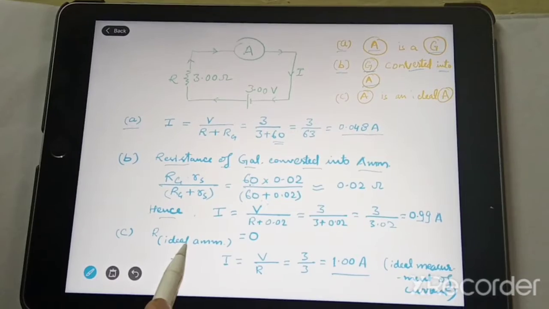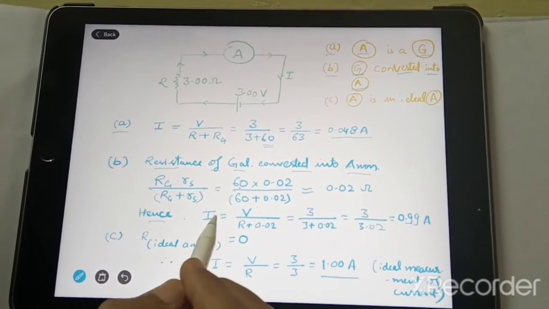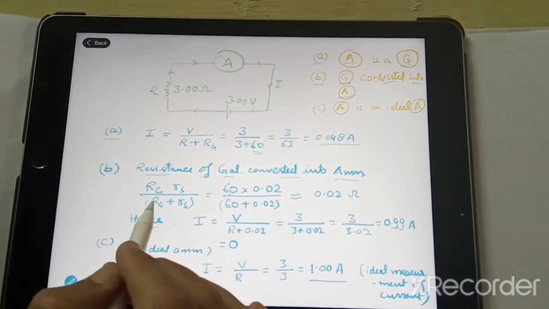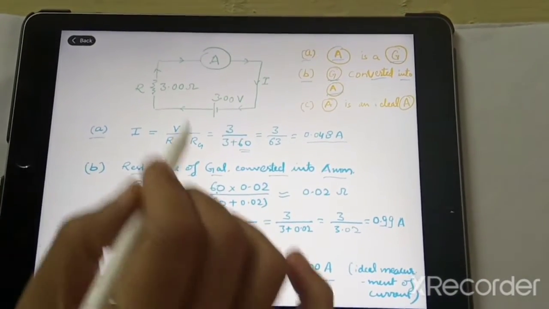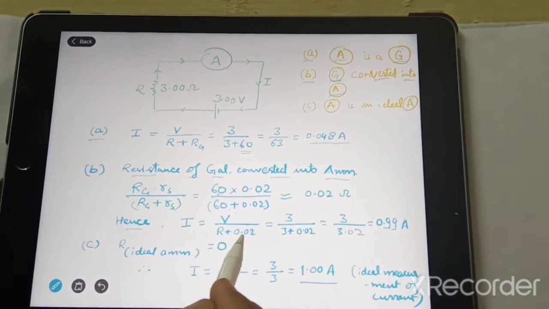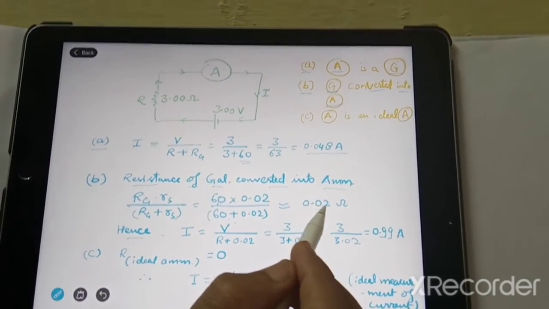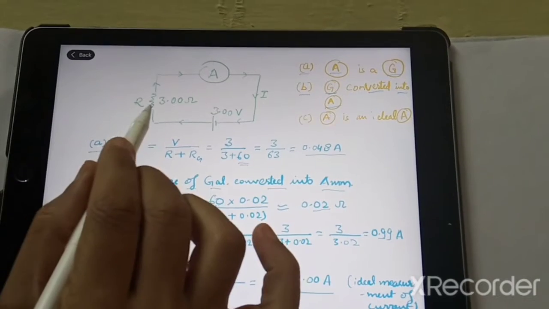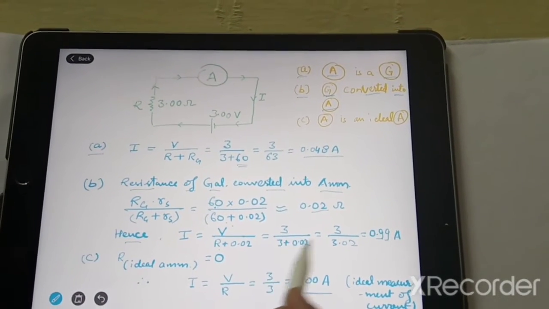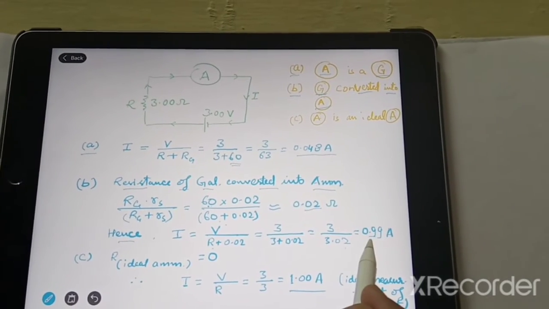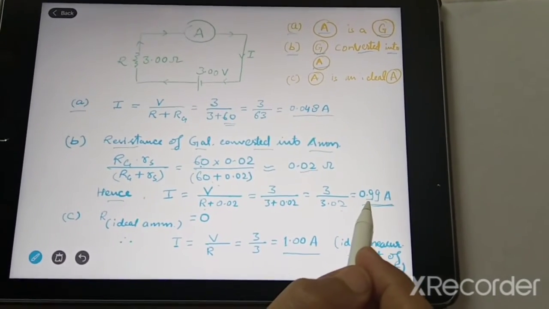Hence, now current I is equal to V upon R plus 0.02, because this resistance is 0.02. So that makes 3 upon 3.002, approximately 0.99 ampere.